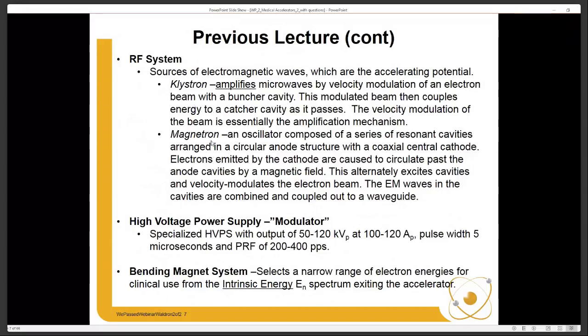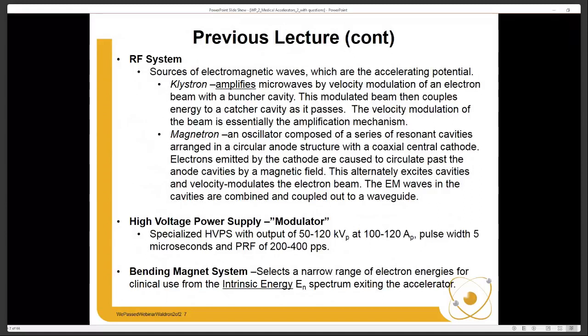The other source of microwaves used in medical accelerators is the magnetron. A magnetron is generally set up as an oscillator in these machines, and it is composed of a series of resonant cavities arranged in a circular anode structure with a coaxial central cathode. Electrons emitted by the cathode are caused to circulate past the anode cavities by a magnetic field.